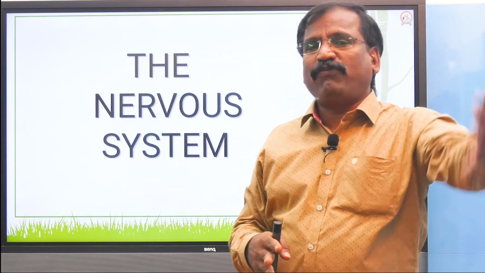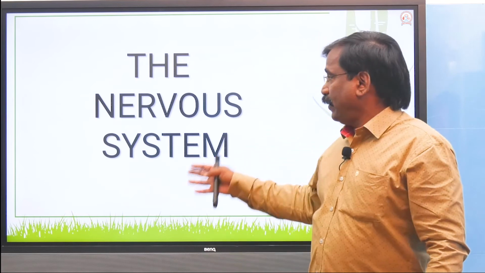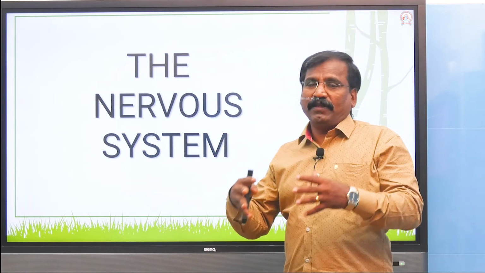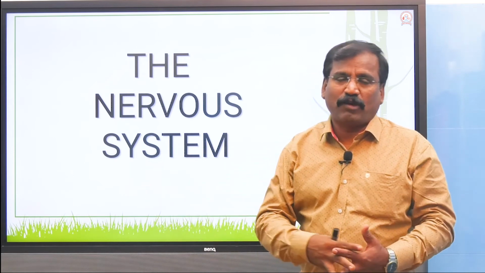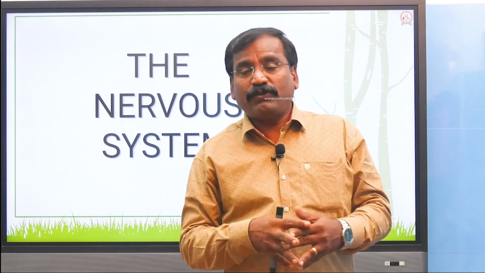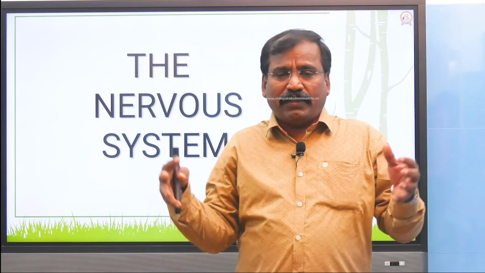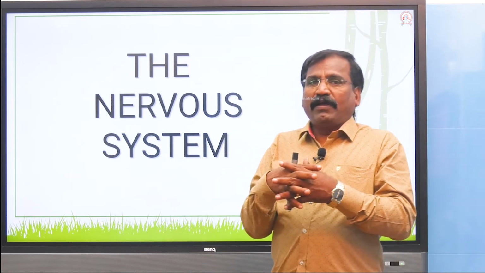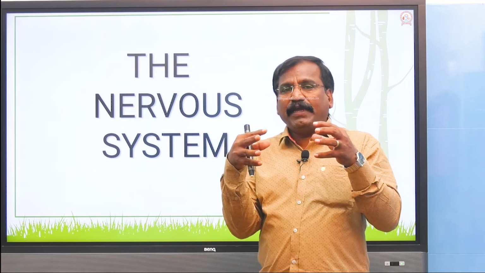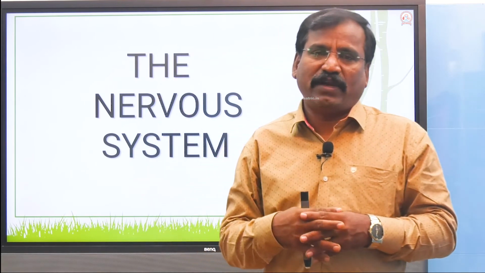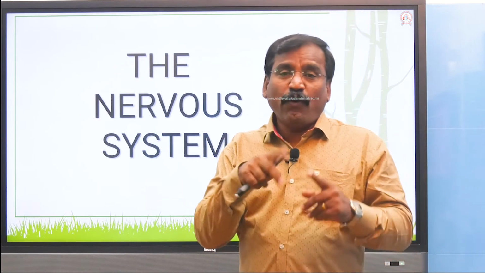The circulatory system is meant for transportation, but the nervous system is meant for control and coordination, controlling various activities of the body. Not only controls, it also coordinates. What is coordination? Integration, maintaining equilibrium. Among the various organs and organ systems of the body, no one should exceed.